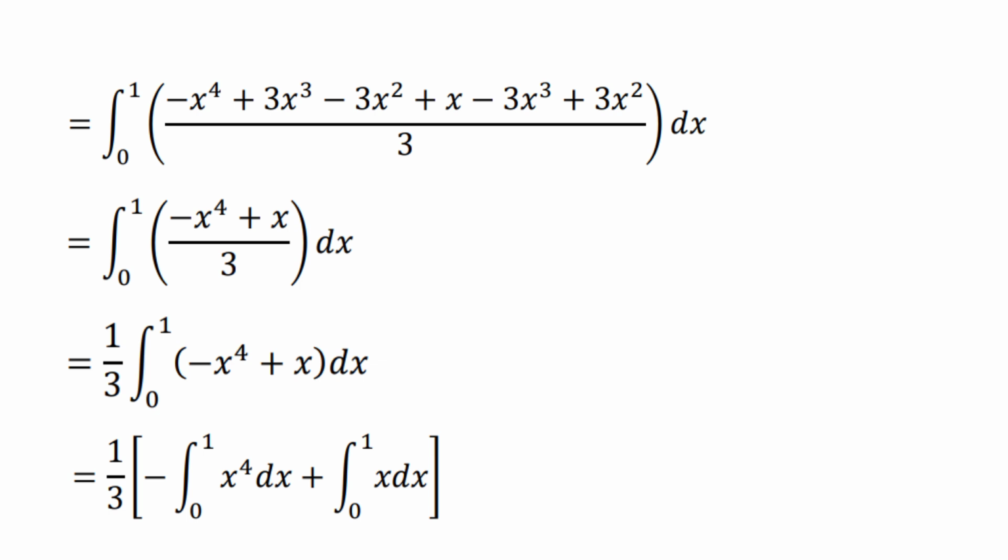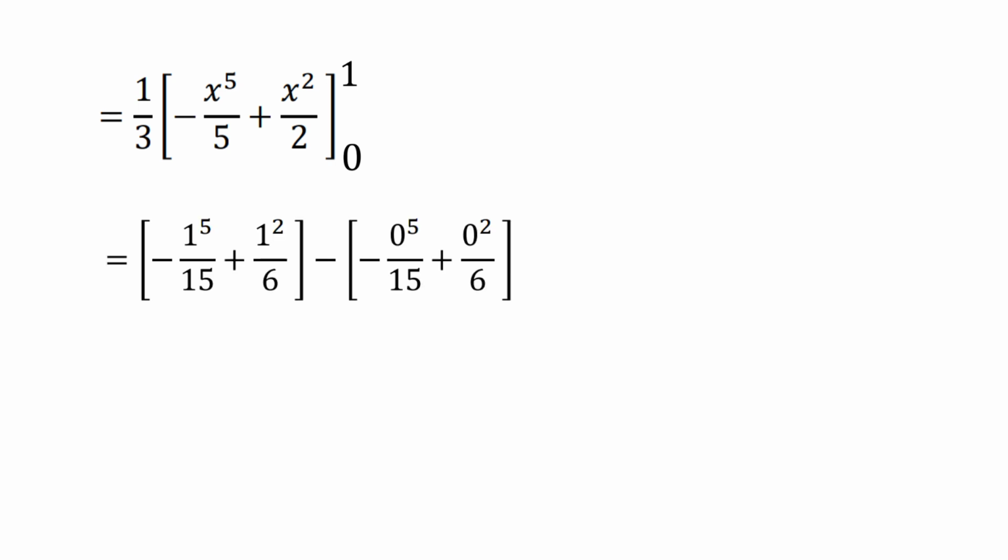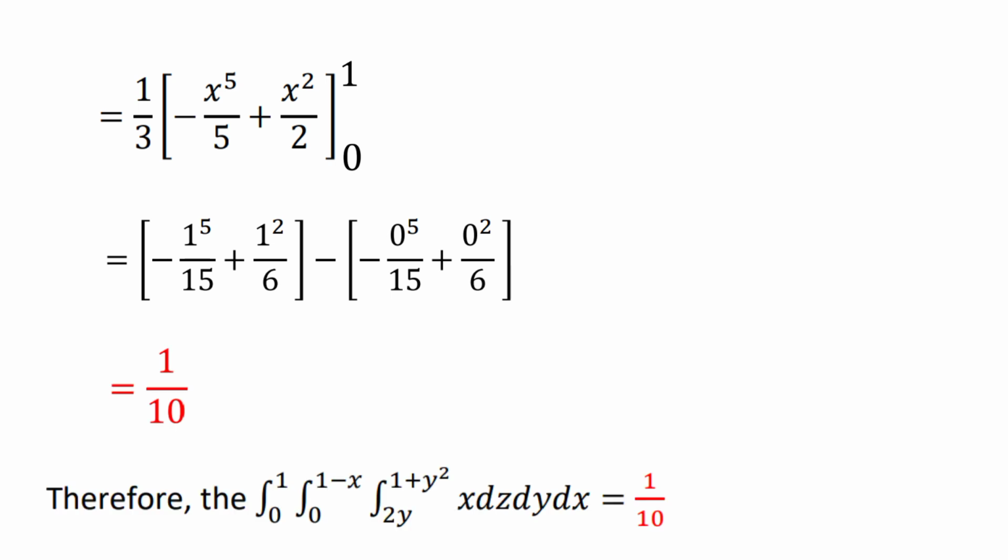Since we are done, we need to substitute 0 and 1 to our x. And using our calculator together, let's calculate this one. This problem is equal to 1 over 10. Therefore, we can conclude that this triple integral is equal to 1 over 10.